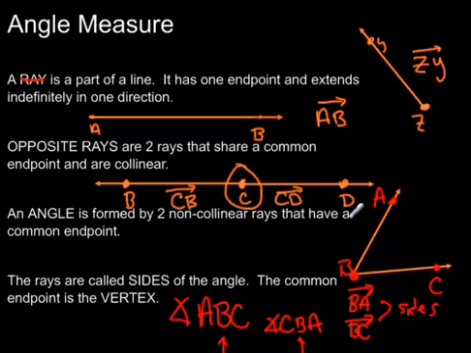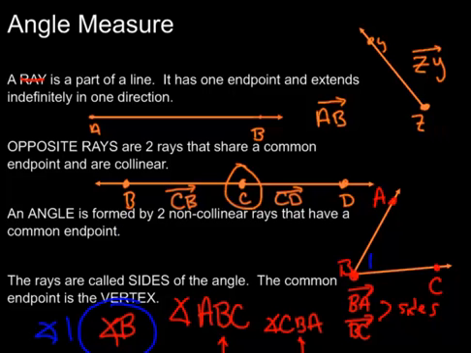If there's only one angle, we can just call this angle B. And if we have a number inside of it, we could call this angle 1. So there are four ways to name this one singular angle. We have to be careful with this way of naming the angle if we have multiple angles at one location, and we'll discuss that a little bit later on.